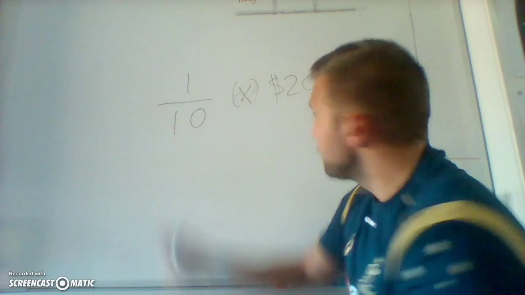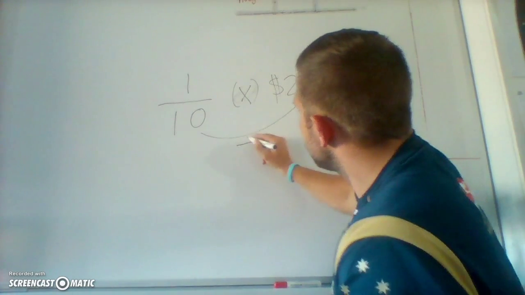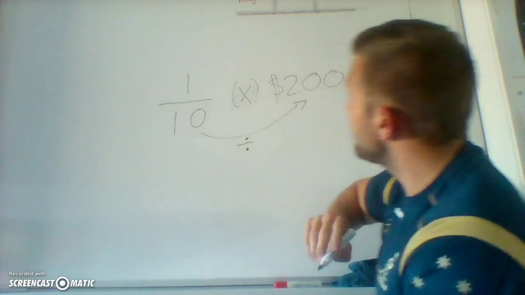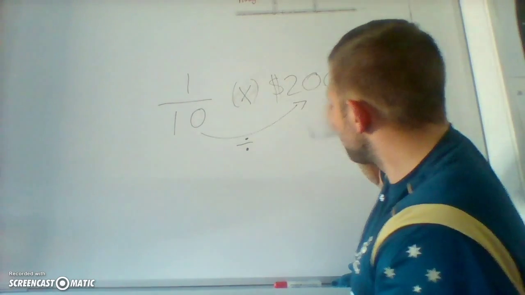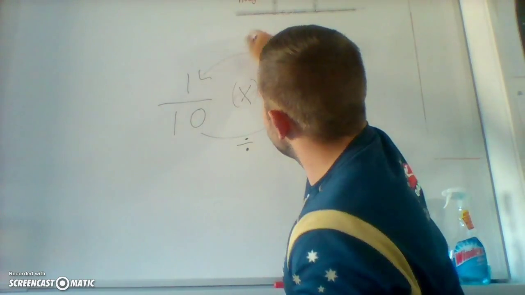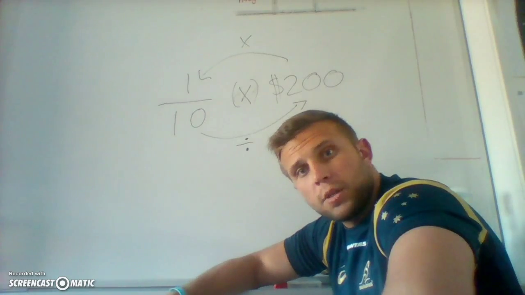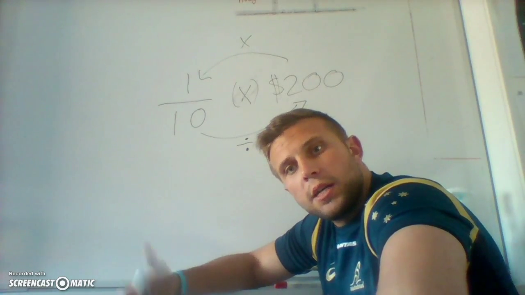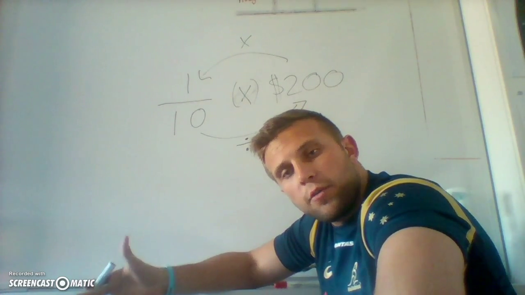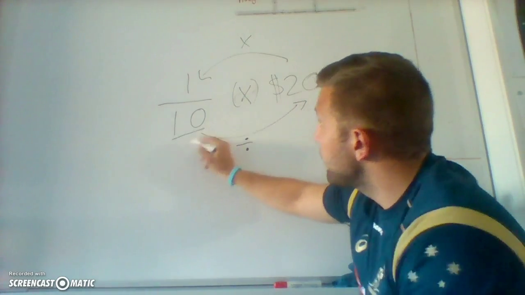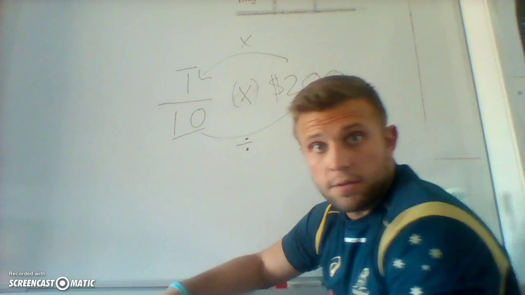So we've done the division. Then we have a look at this and we times it. So we divide and times whatever we have: we divide the denominator and times the numerator.